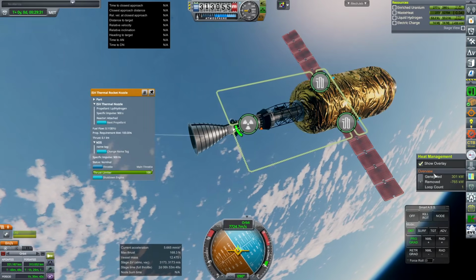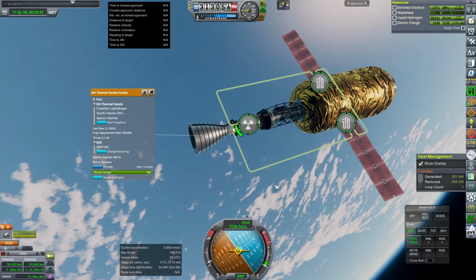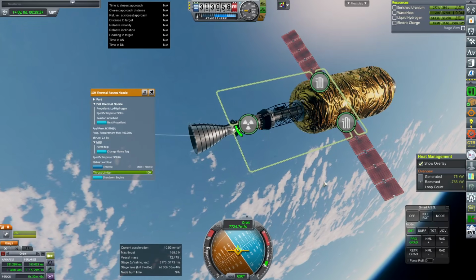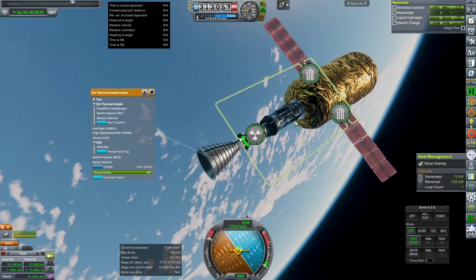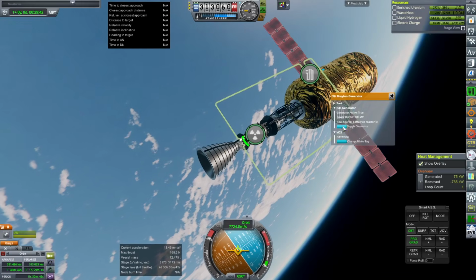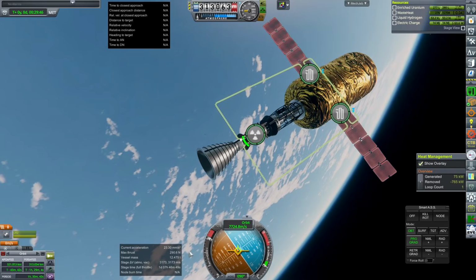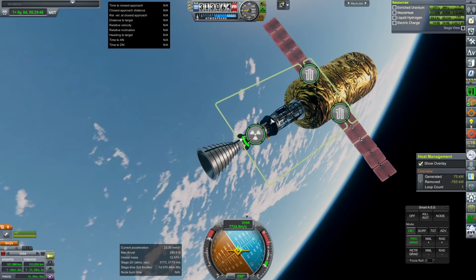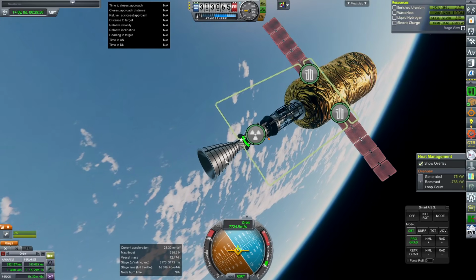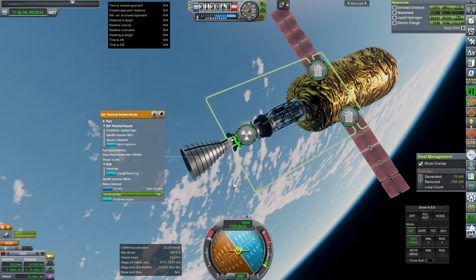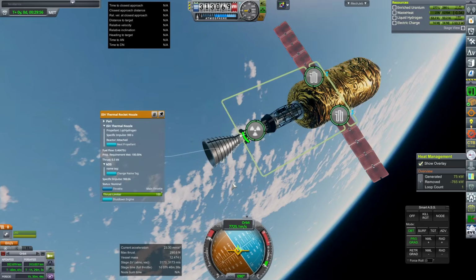But if you throttle down, eventually we get more waste heat, you see. But I was about to say we can get more thrust out of this by shutting down the generator. So toggle generator. Now you see that we have a 1-day burn time and 290 newtons, and that's because all of the thermal output of the reactor is going through the nozzle. And it's still a 1-day burn time.